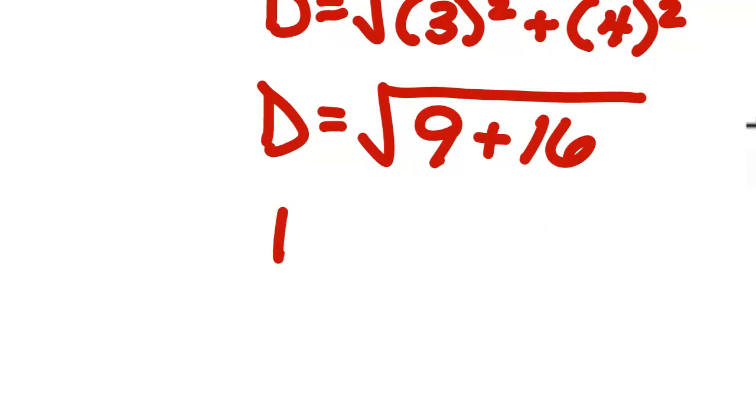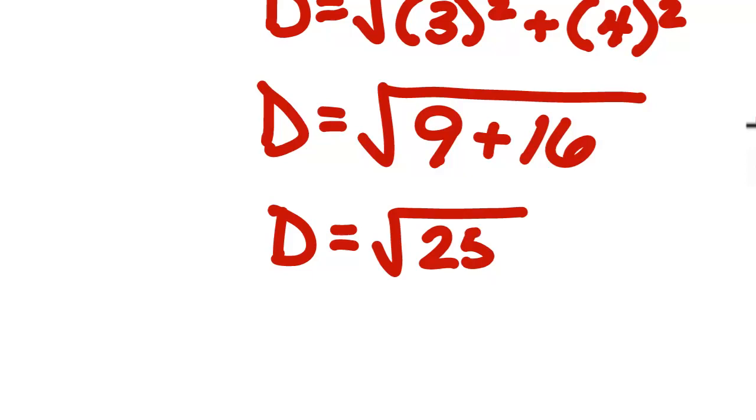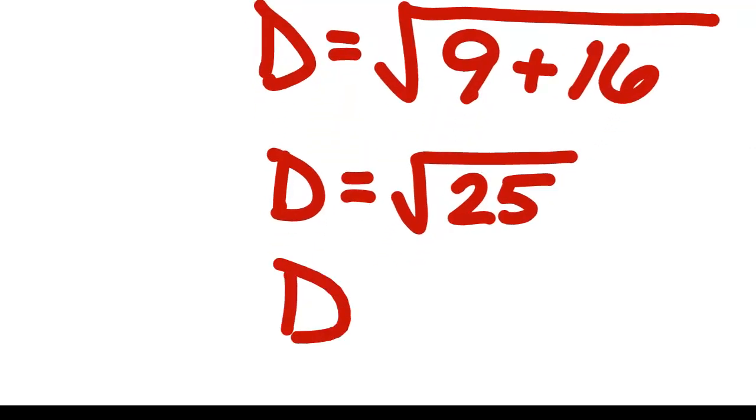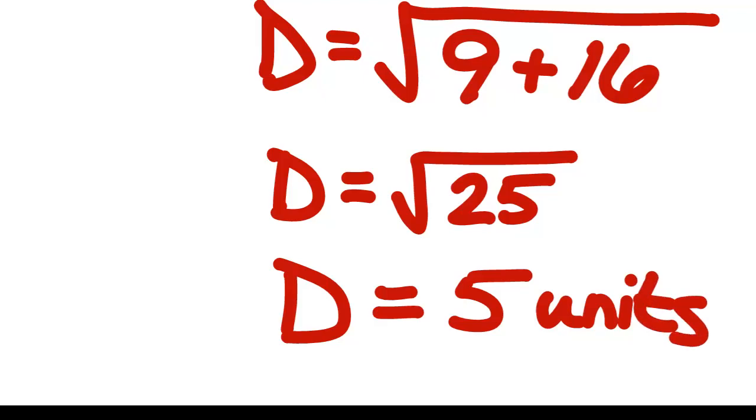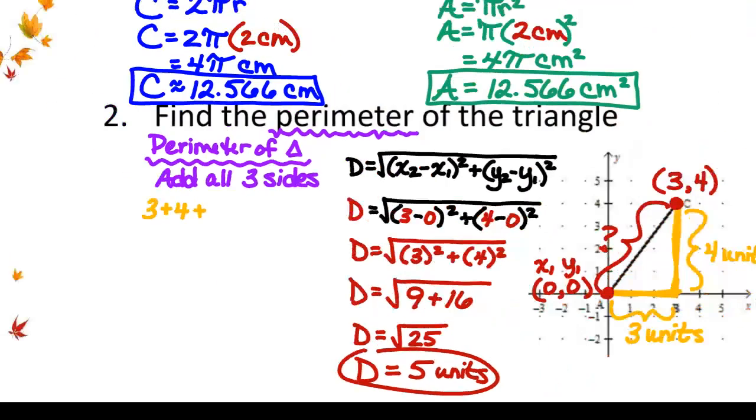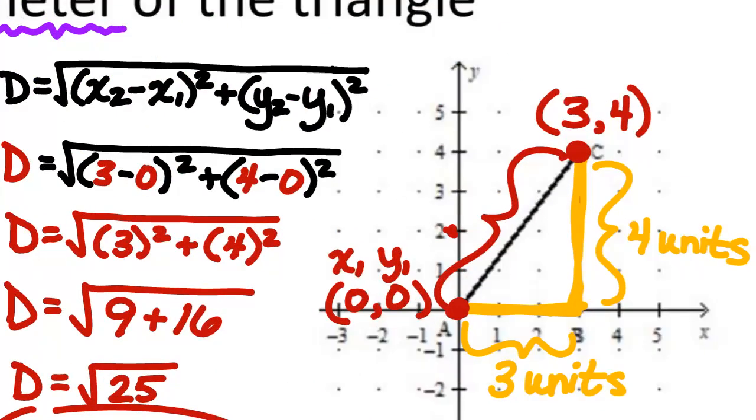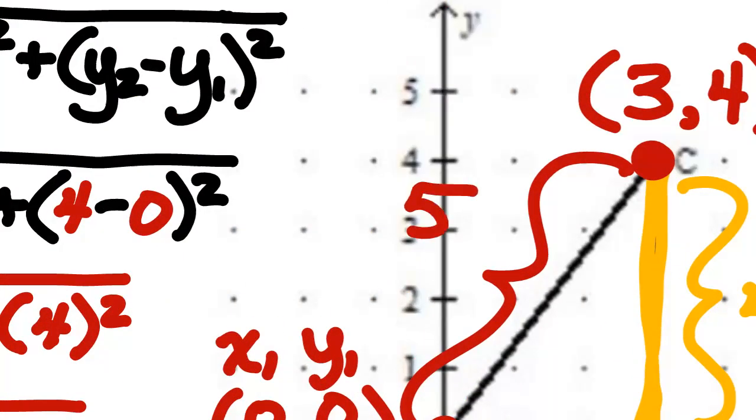What is 9 plus 16? 25. So I have the square root of 25. And what is the square root of 25? 5. So that side is 5 units long. Not my final answer, but I needed that information. So this side over here is 5 units.